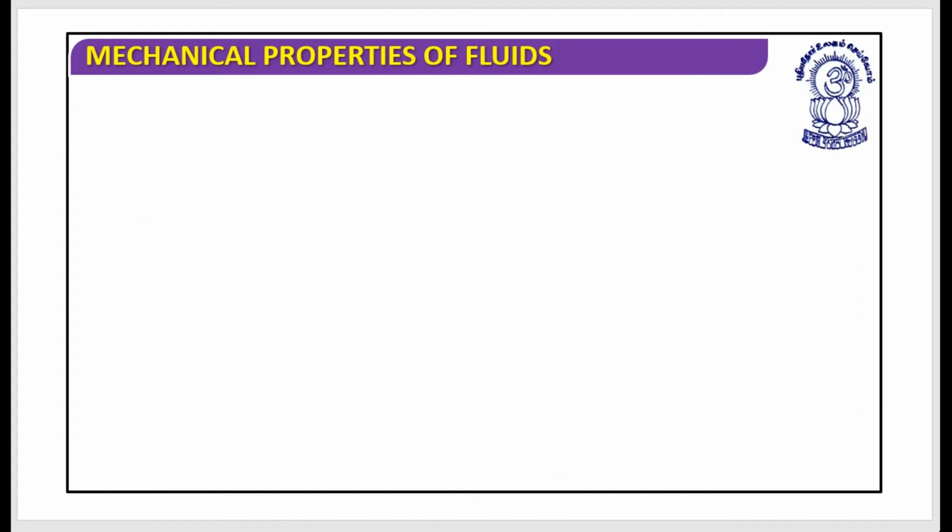Now this has a very wide range of applications. P plus half rho V square is equal to constant.